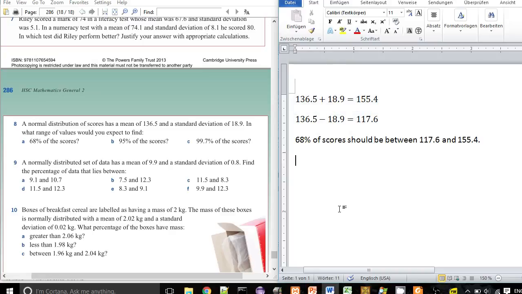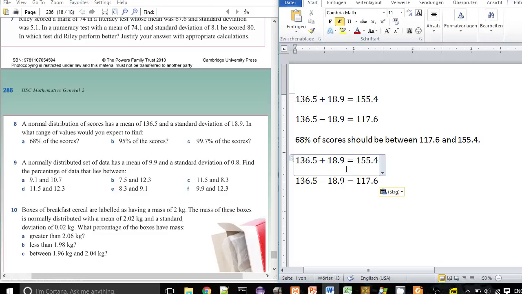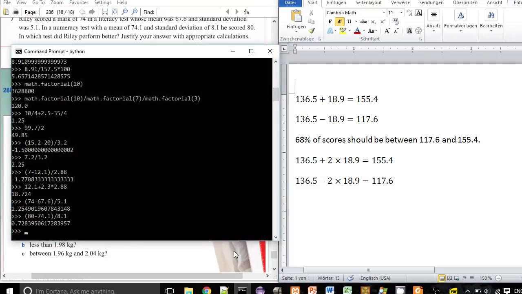Let's just do the next one. Basically, if you change this to 2 lots of that and 2 lots of that, then this will be the other ranges. So let's just quickly do it again. In fact, it might be best to just figure out all these numbers first.